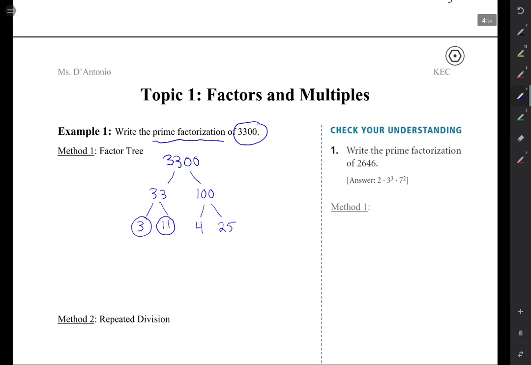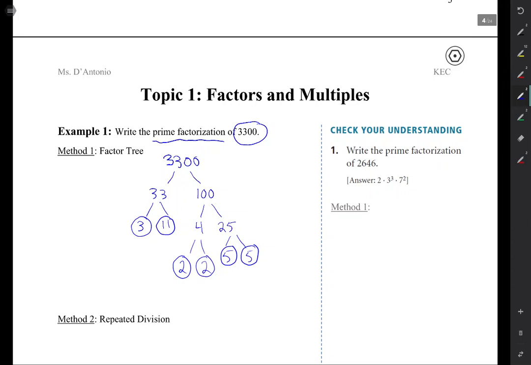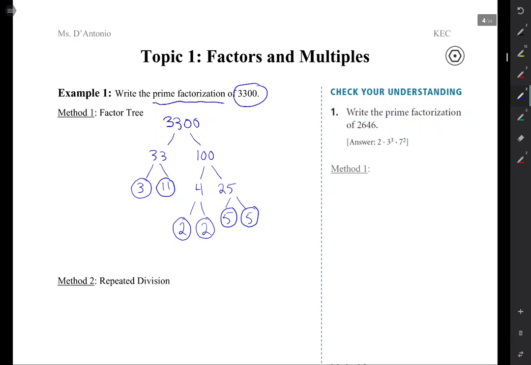4, however, we can split up into 2 times 2. And both of these 2's here are also prime numbers. And we can split the 25 up into 5 times 5, and 5 is also a prime number. So now we have a bunch of numbers circled. They're all prime numbers. So our final step here is to write the prime factorization.